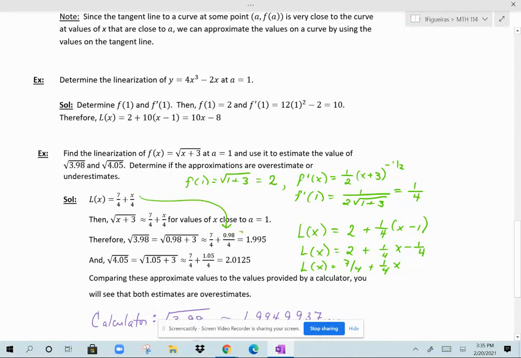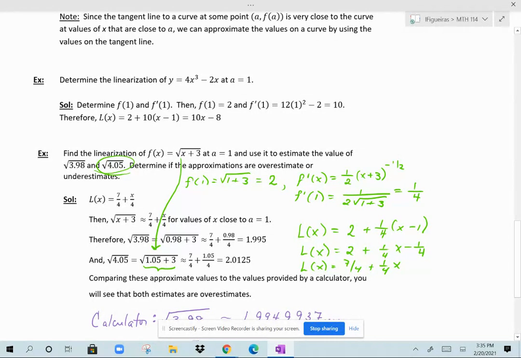So I get 7/4 plus 0.98 divided by 4. So this ends up just being the addition of two decimals. You can convert this to a decimal and this to a decimal when you divide. And that gives me an approximate value of 1.995.